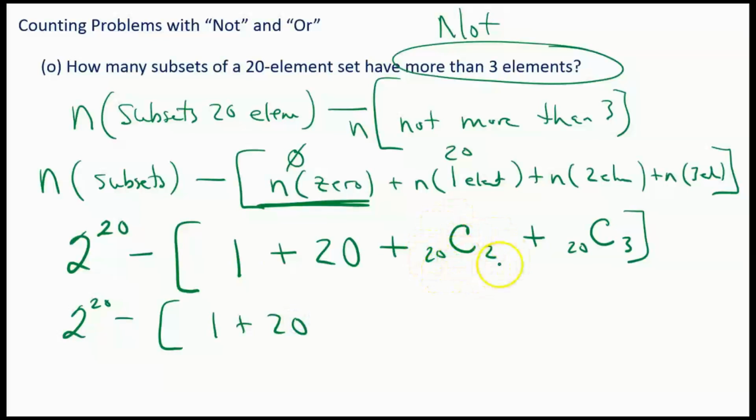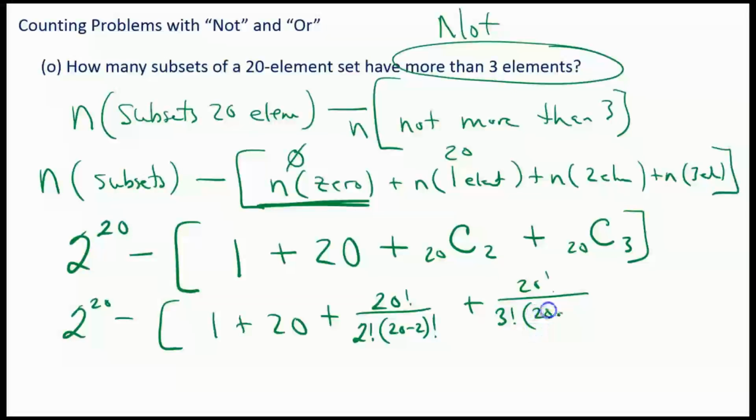Now let's do this combination of 20 choose 2. So it's going to be 20 factorial over 2 factorial times 20 minus 2 factorial, plus, how about 20 choose 3? That's 20 factorial over 3 factorial and 20 minus 3 factorial. So I've got 2 to the 20th, again, big number, minus 1 plus 20, yes, that's 21.